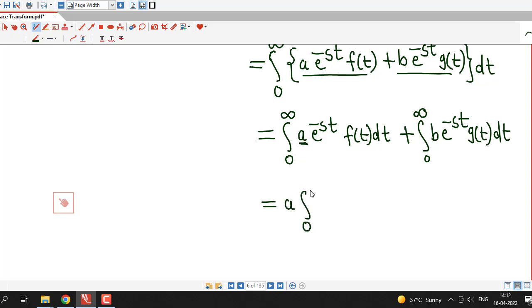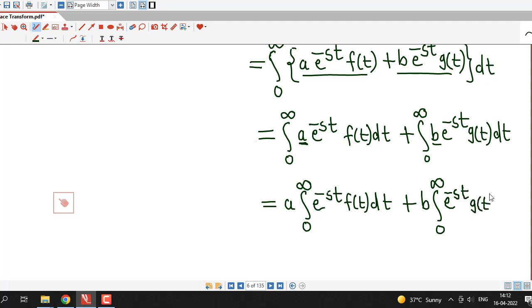So this we can again rewrite as a times the integral from 0 to infinity of e raised to minus st times f of t dt, and here b is independent of t, so we can take it outside the integral, and the integral of e raised to minus st times g of t dt.